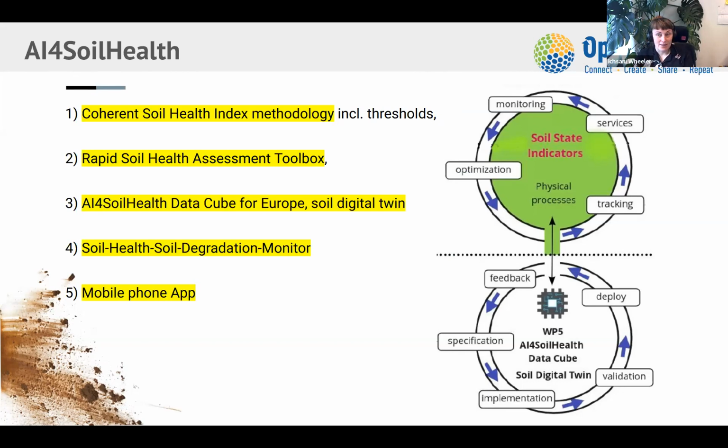So a rapid soil health assessment toolbox, of course, a data cube for Europe, like a living digital twin for soil, a degradation monitor, and an easy way for people to interact with the system. It's not supposed to be a closed box, it's supposed to be a two-way street. We want to know where the problems are. We want to know where it doesn't work.